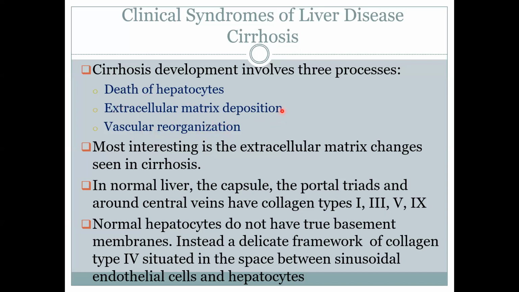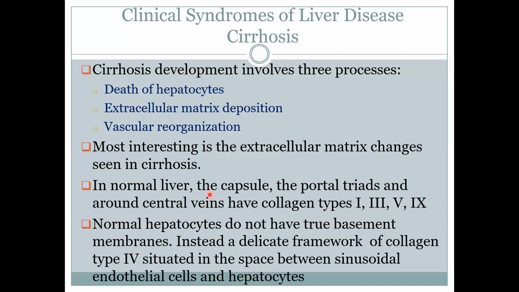Now, one that is particularly interesting is the extracellular matrix deposition, because in normal liver, you will see in the capsule, also in the portal triad, and around the central veins, that the types of collagen are 1, 3, 5, and 9.